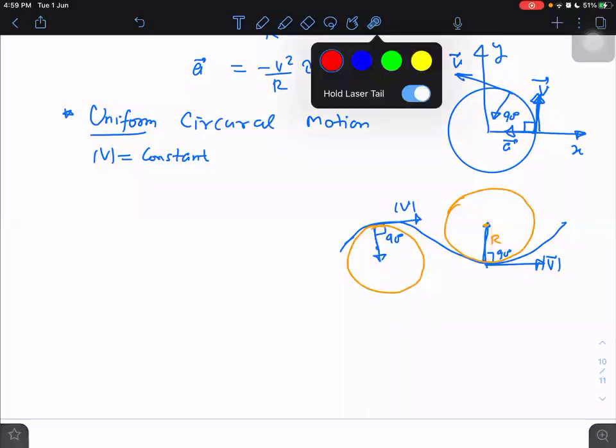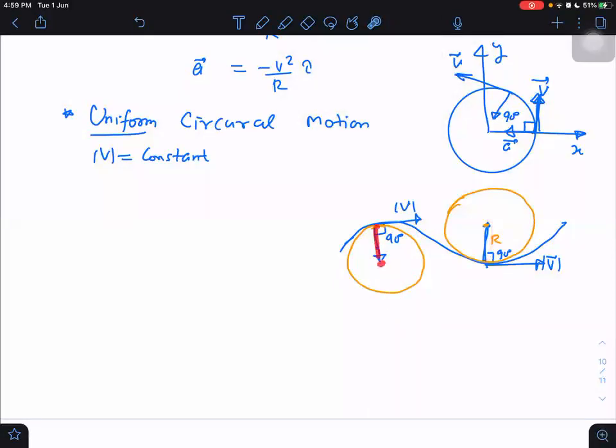So this acceleration always points towards the center of curvature. Therefore, we can also call this acceleration centripetal. Petal means pointing towards, so centripetal means pointing towards the center. So centripetal acceleration.